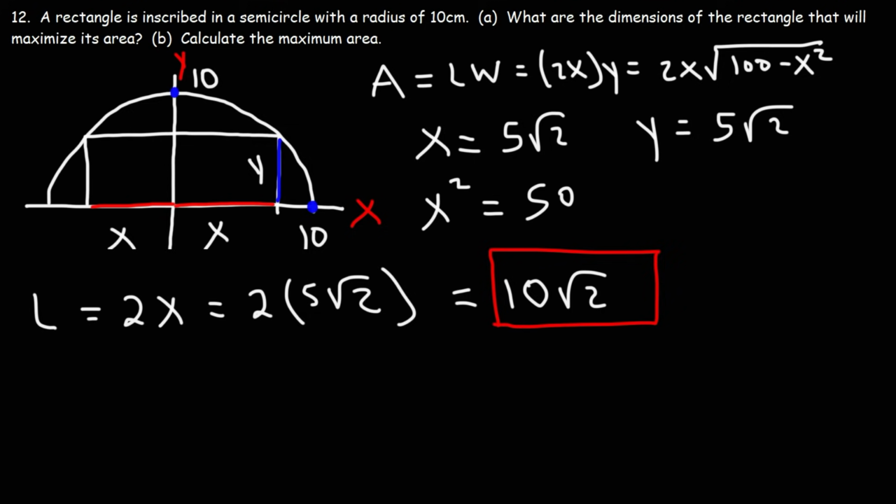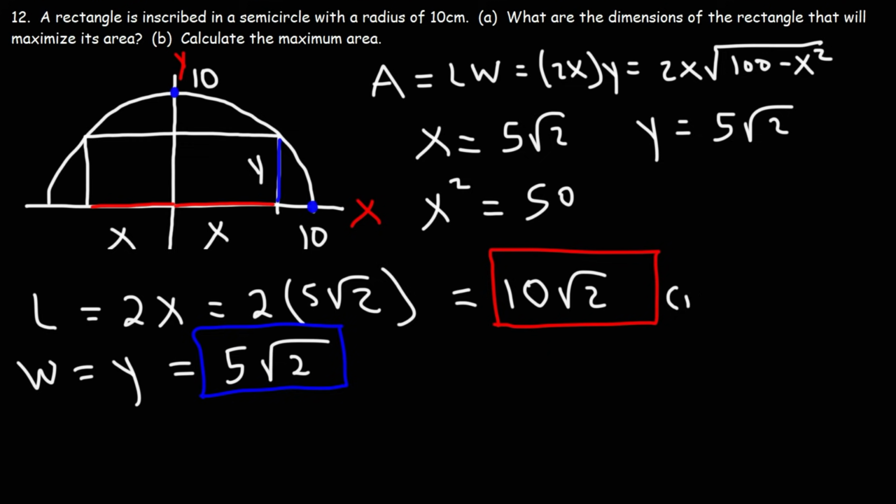So that's the first part of the answer. The width of the rectangle is simply equal to y, and y is 5 square root 2. And the units are centimeters. So we can write the dimensions as 10 square root 2 by 5 square root 2, length times width.